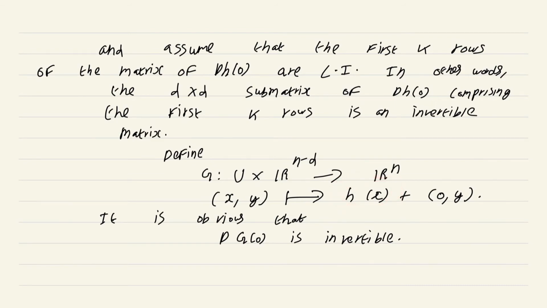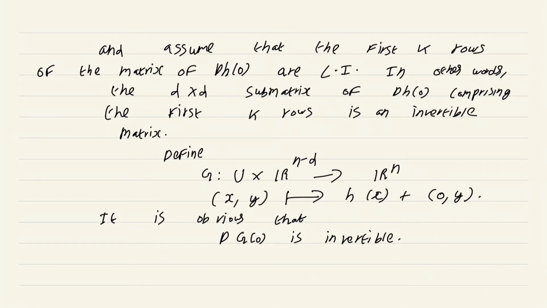So I'm going to be a bit vague in this. Essentially it will be a block matrix. You can check that easily, that the matrix of this dG of 0 is going to be invertible. Just write down the matrix and it will be very clear to you.